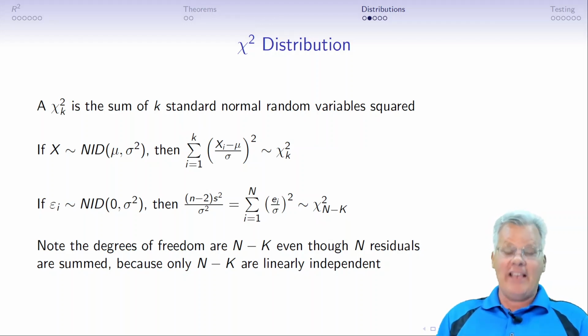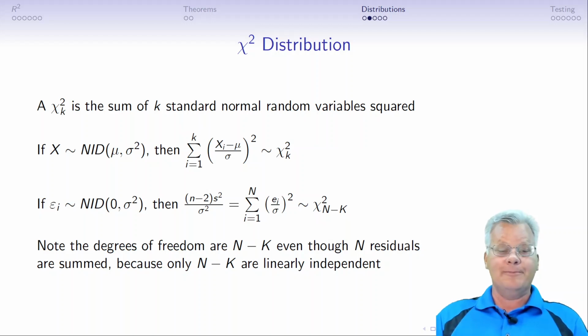That is a chi-squared random variable with n minus k degrees of freedom.